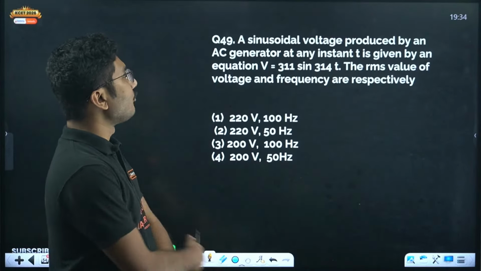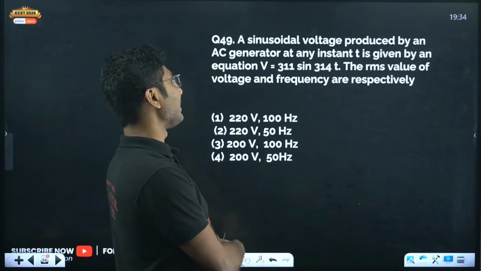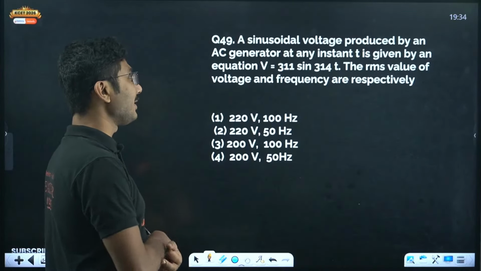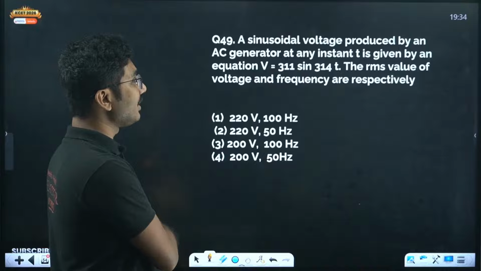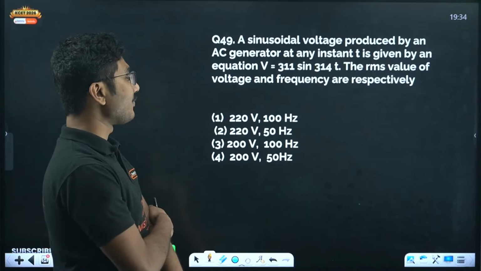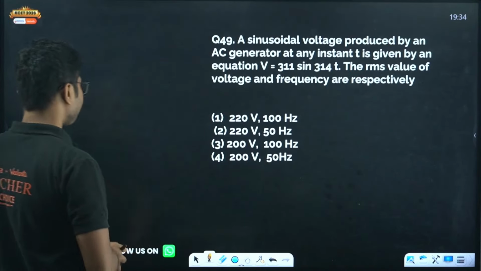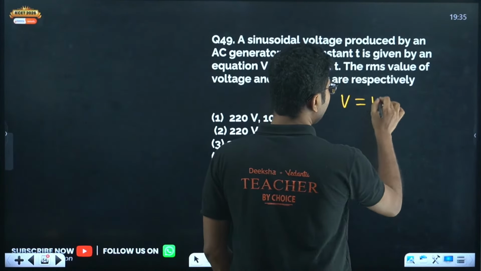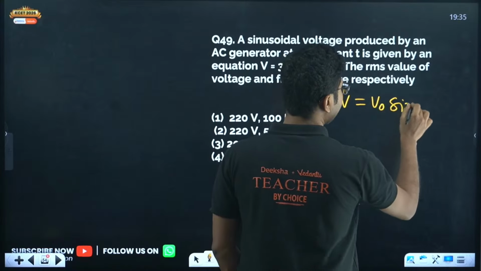A sinusoidal voltage produced by a generator at any instant t is given by the equation 311 sin 314t. The RMS value of voltage and frequency are? The standard equation of voltage is V naught sin omega t.